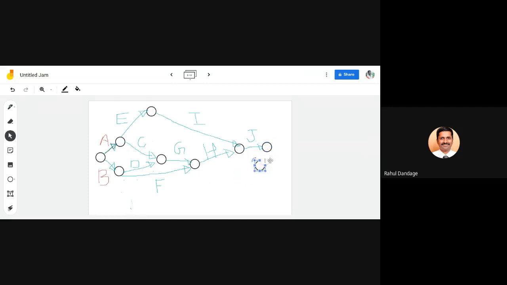It is predecessor for the last activity, which is K. So here I am marking this as K. So this is my final network.